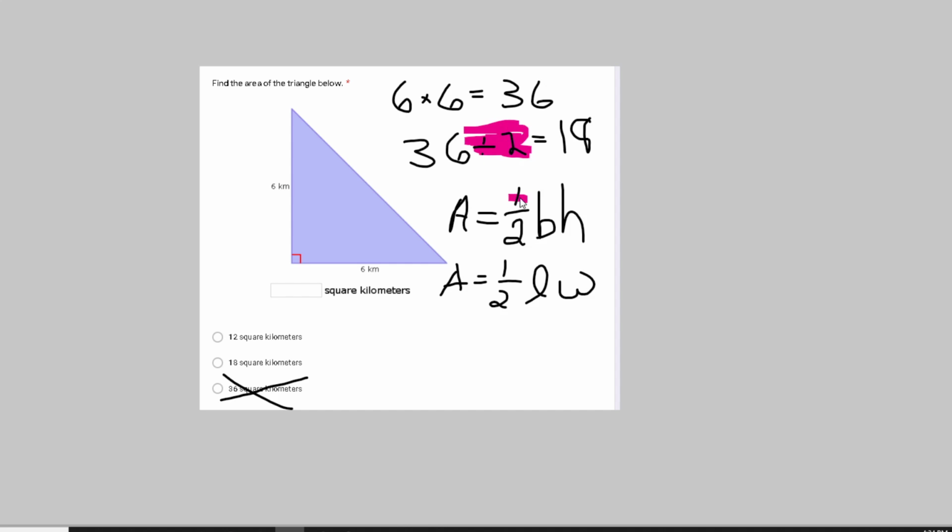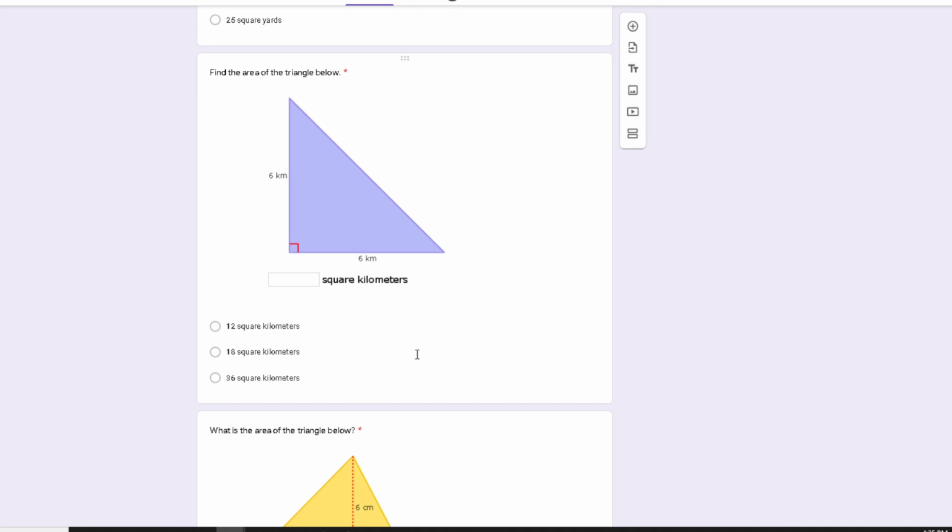So whatever you're more comfortable with, but that's the same thing, okay? So we need to do 36 divided by 2, and that gives us 18 square kilometers for our final answer.